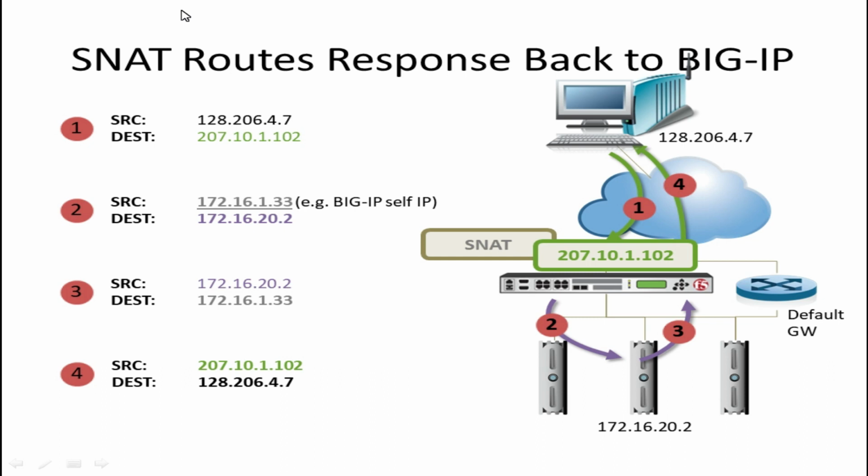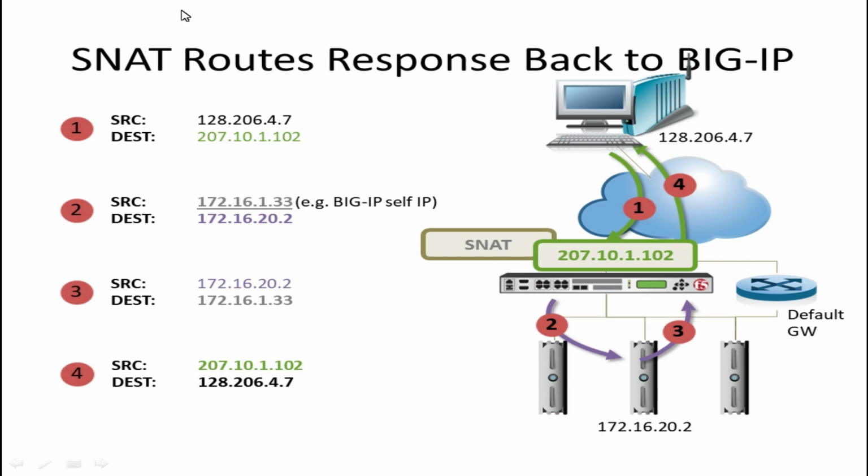In packet number 3, the source is my pool member, but now the packet has to go through the BIG-IP because both source and destination were changed by the BIG-IP.